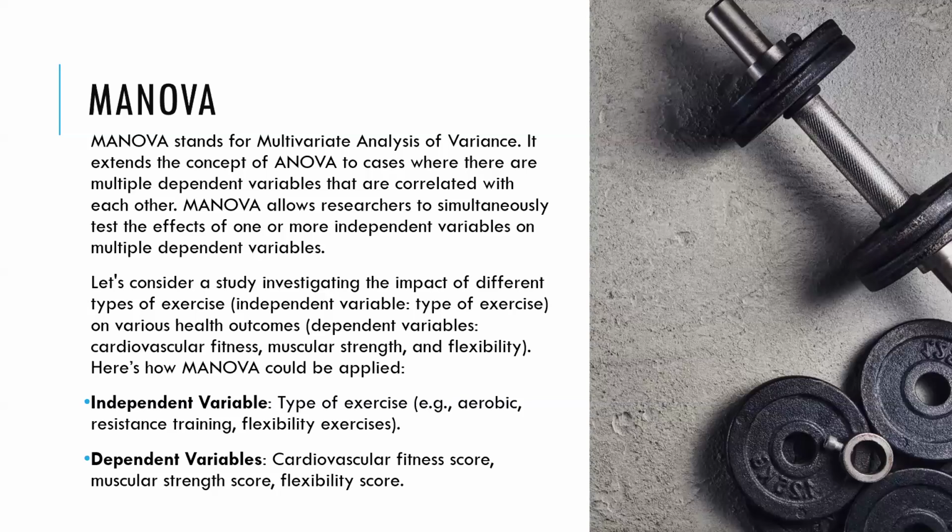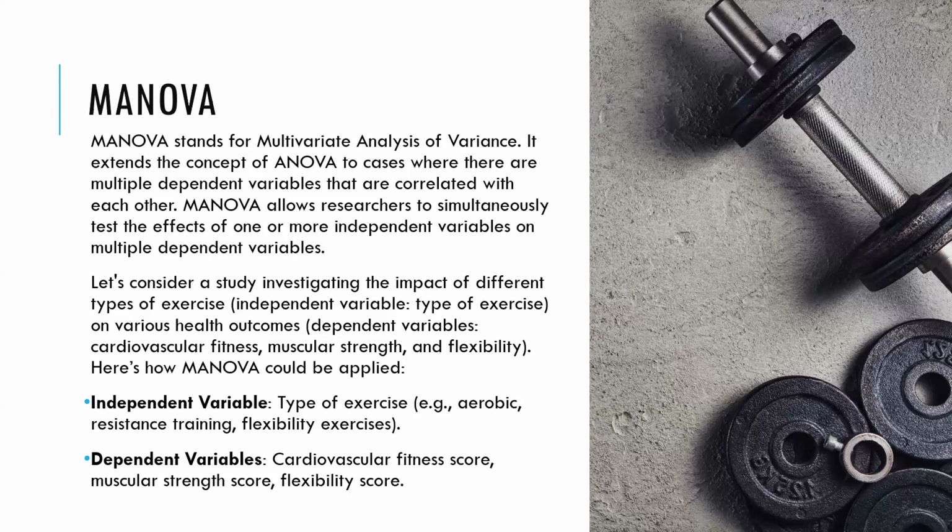And then the last ANOVA is called the MANOVA, the multiple analysis of variance. The significance here is that you have more than one dependent variable. So in all of these other cases, you had one dependent variable and either one or more than one independent variables.